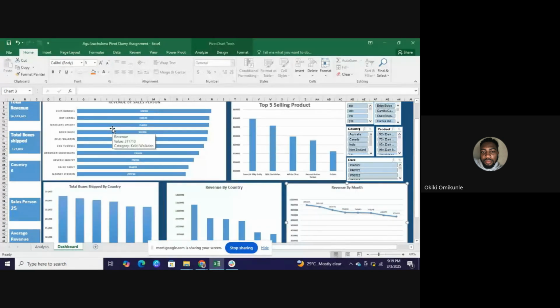Honestly, I can't fault this dashboard. There's nothing I can fault about it. And your recommendations also are very key. They touched important aspects of the data. So well done, very well done, sir. Thank you so much. I'm dancing.